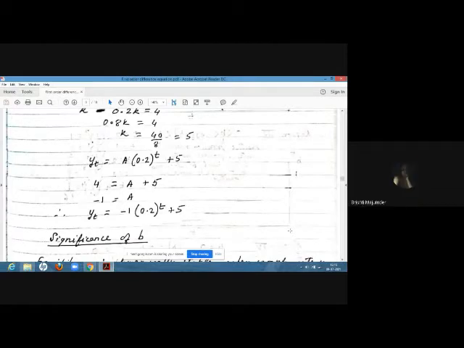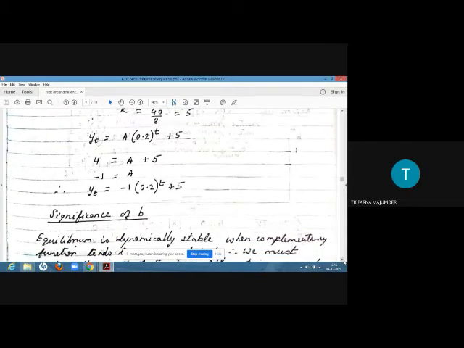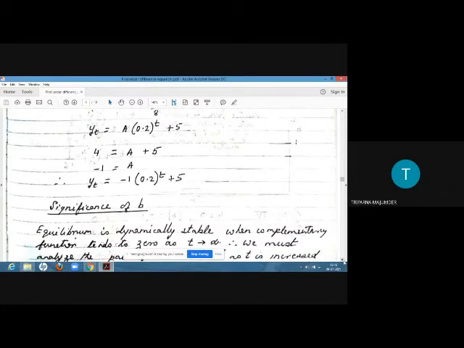Yes, ma'am. Okay, okay. Now we come to the significance of b. Our trial solution for the equation in the reduced form, that is the complementary function, had a term b, that is a b to the power t. We are now considering the significance of that b.